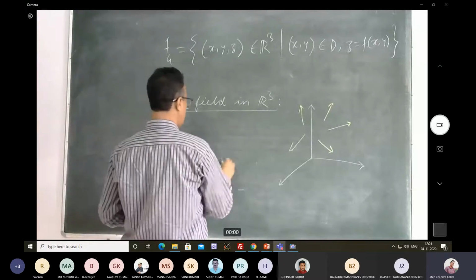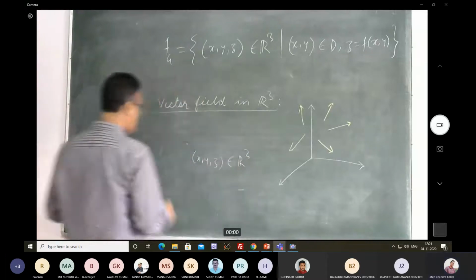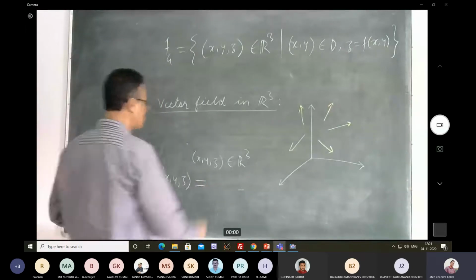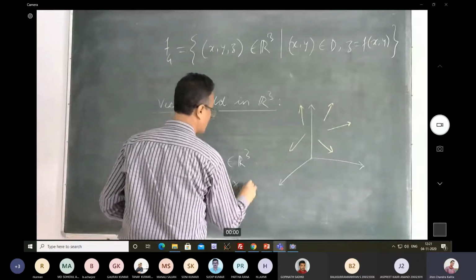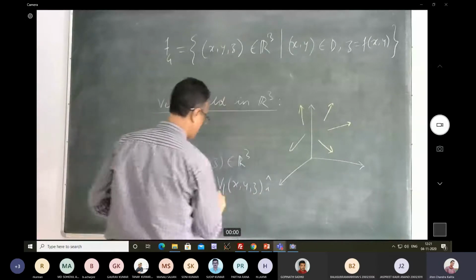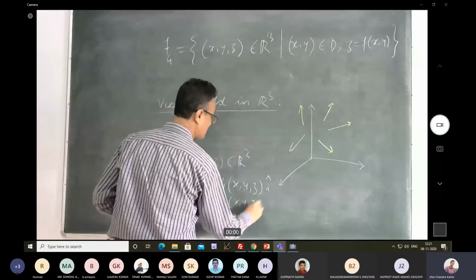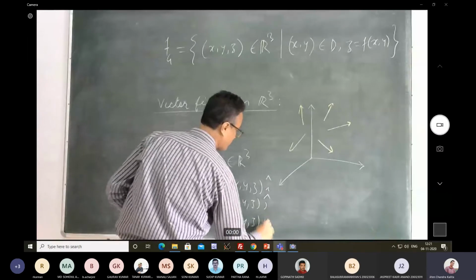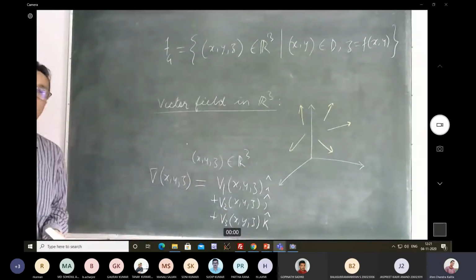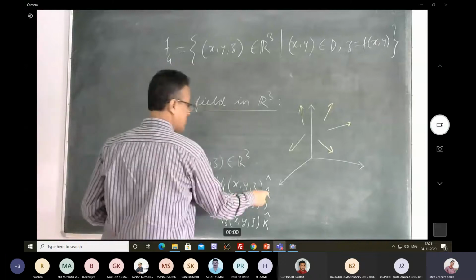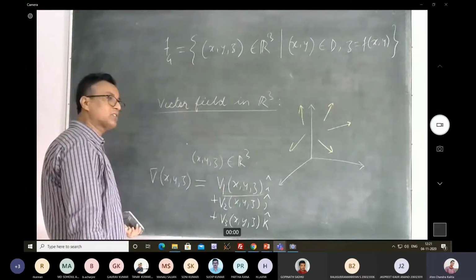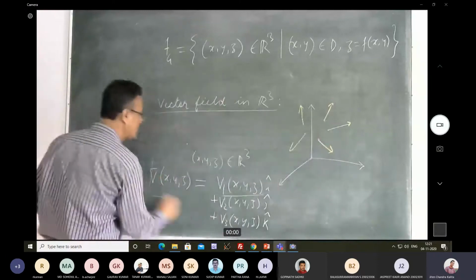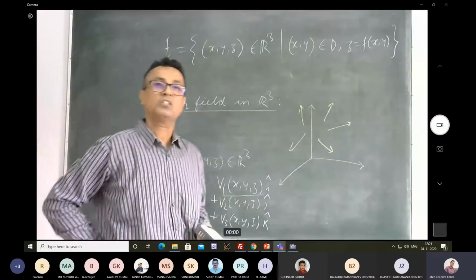(x, y, z), I will be able to define something like this through the vector representation. That means I should be able to define a vector at each point in R3 through the definition of some functions of 3 variables.